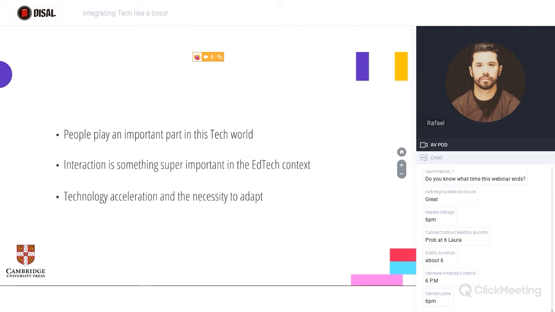And finally, my third topic, technology acceleration is surely a reality, and the necessity to adapt is even more real, like this idea of getting things done in a more efficient and faster way. And by saying so, we talked about this digital revolution, making reference to Lev Ivanovich, you know, and all the design.